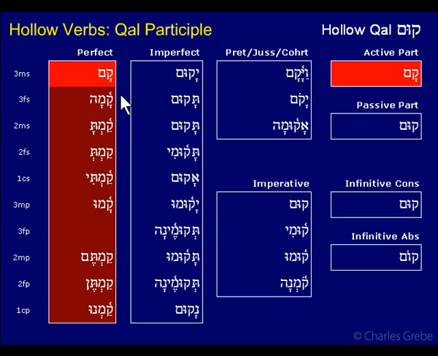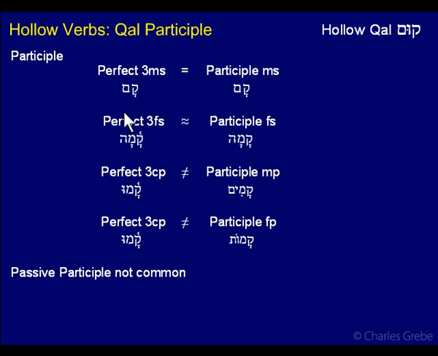Okay, here's perfect 3fs, right? Well, they're very similar. That's why I have this wavy equal sign here. Almost the same. The difference is just stress. This is one accent, this is another. So unless you're paying close attention to the cantillation marks, the Masoretic cantillation, you may not realize that it could be either here.